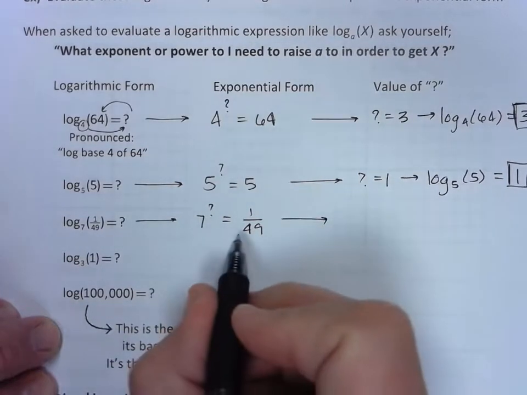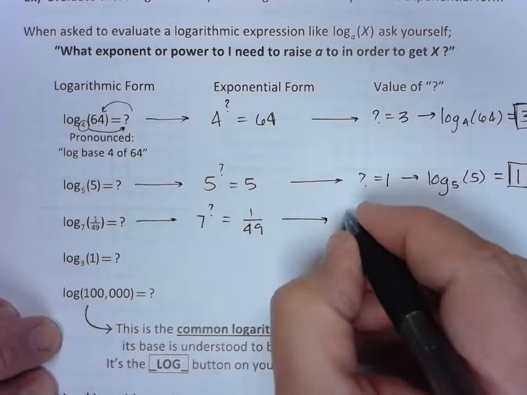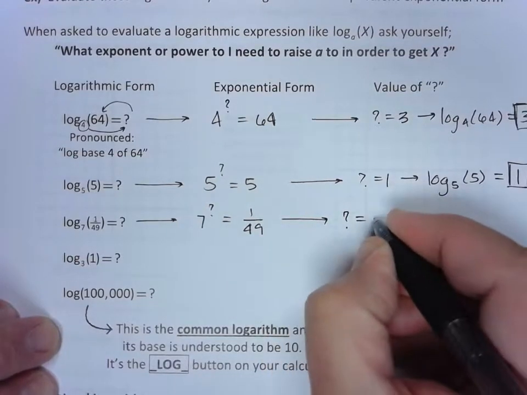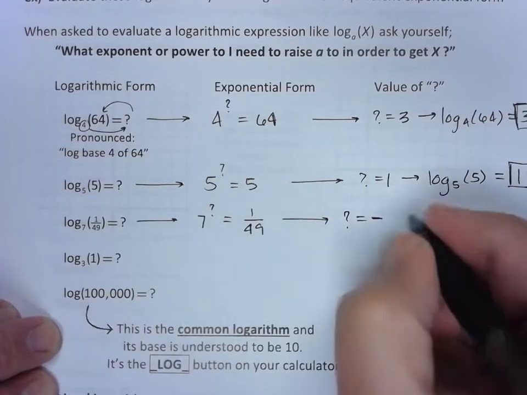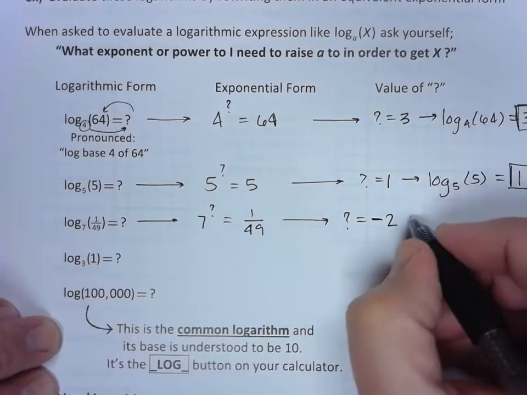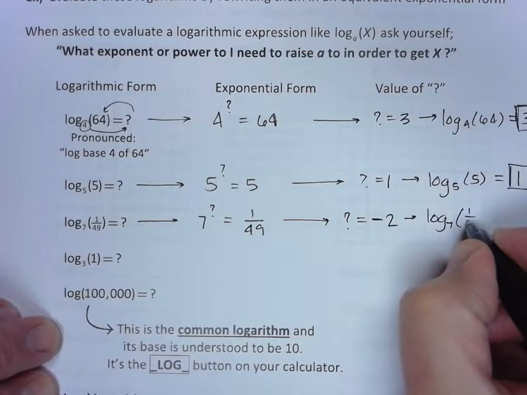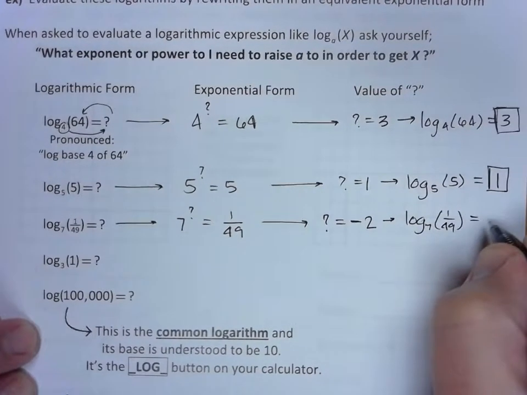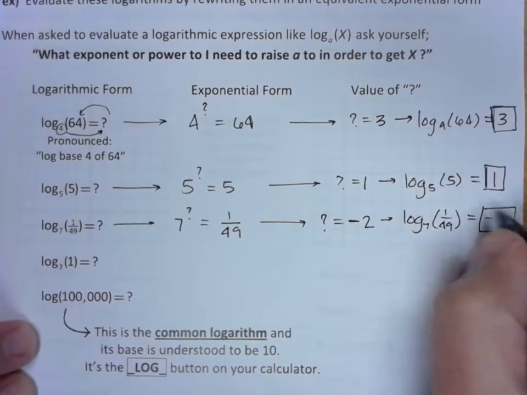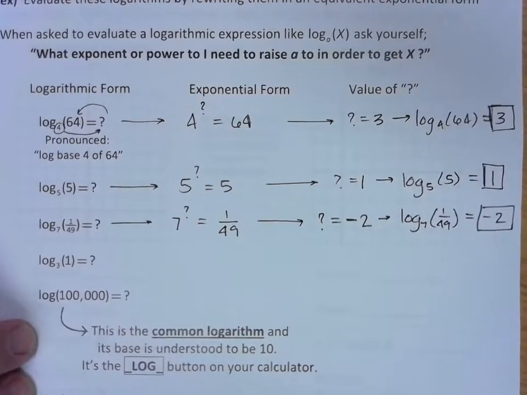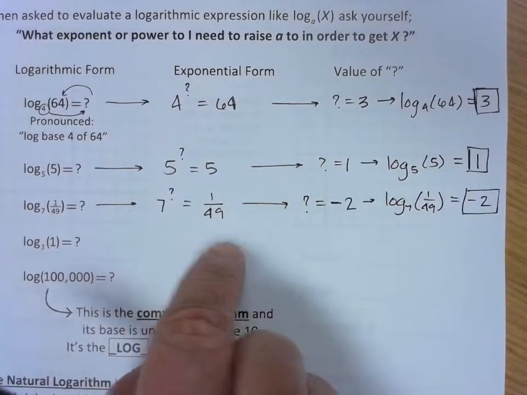And in order to get the 49, you need to square. So in this case, the question mark exponent would be negative 2, the negative giving you the reciprocal and the 2 giving you the squaring. So that means log base 7 of 1/49 equals negative 2. So don't forget your use of negative exponents and how they give you reciprocal powers of your base.